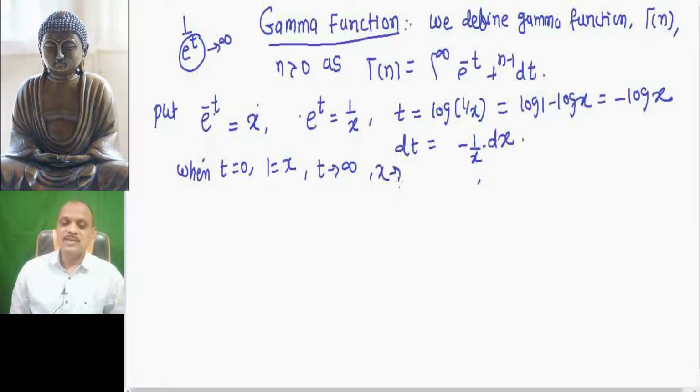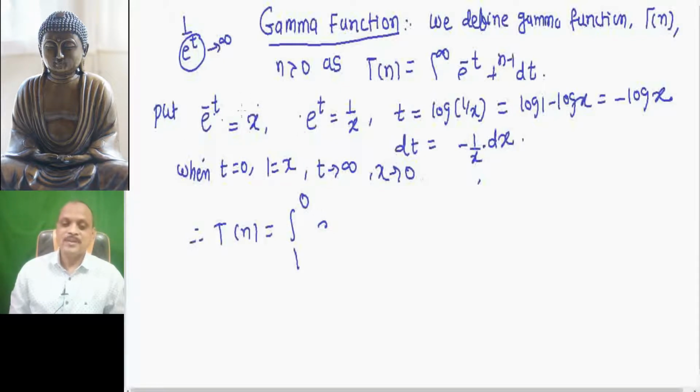So gamma of n will convert into an integral with the limits changed: t equal to 0 gives x equal to 1, and t tends to infinity gives x equal to 0. It remains to calculate dt.